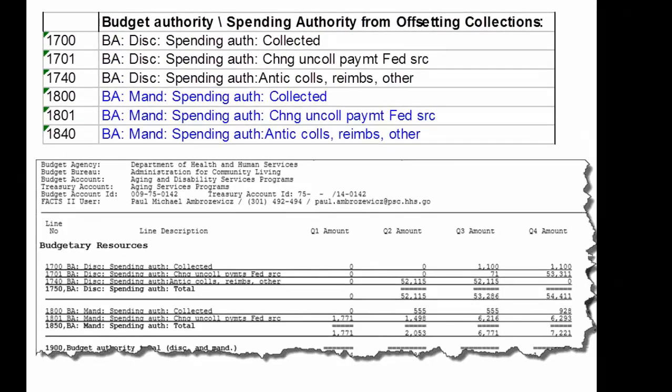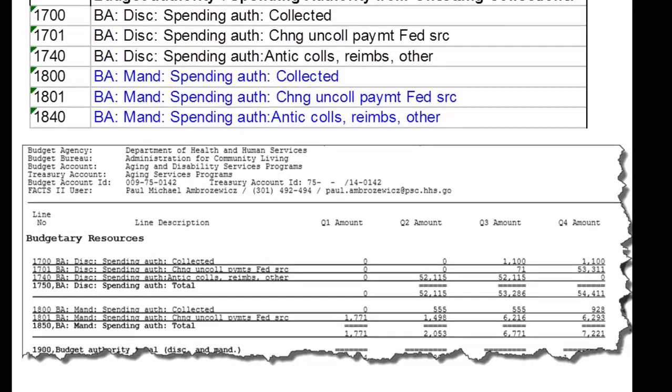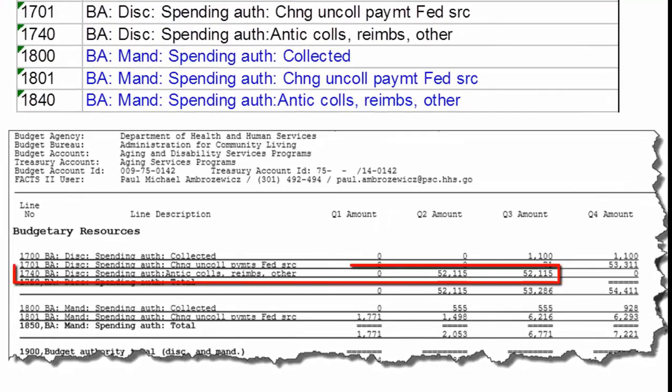Here is a sample of the Aging and Disability Services Program's FY 2014 SF133. Note that line 1740 anticipates $52.1 million in discretionary reimbursements. By year end, the anticipated amount is zero.